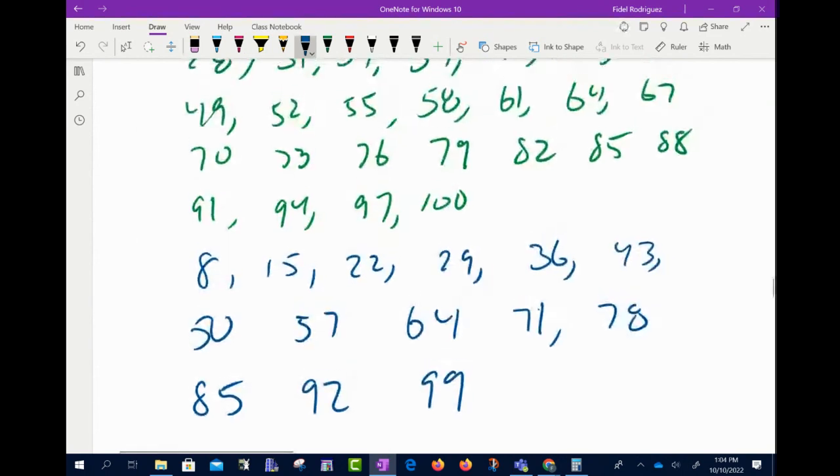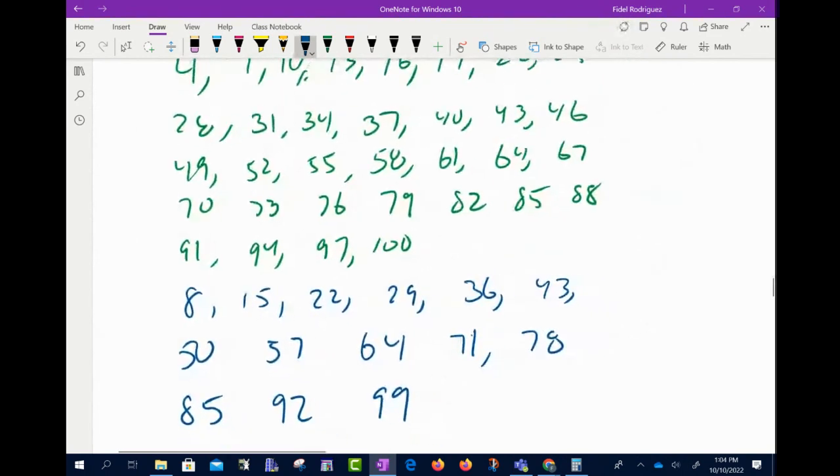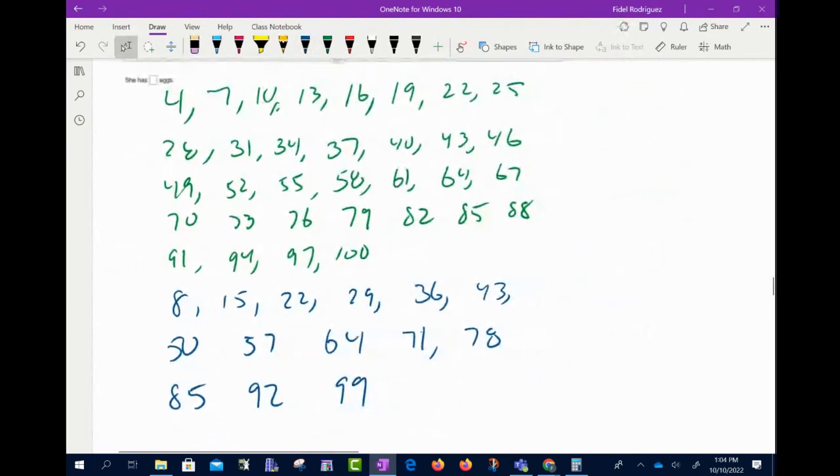Okay, what I want to do, y'all, is a little stare and compare. I want to look at those two lists. Do we have any numbers in common? In the green list and in the blue list? 22? Looks like a number we have in common. Is that the only one we have in common? 43?